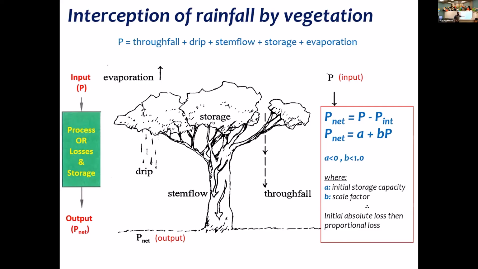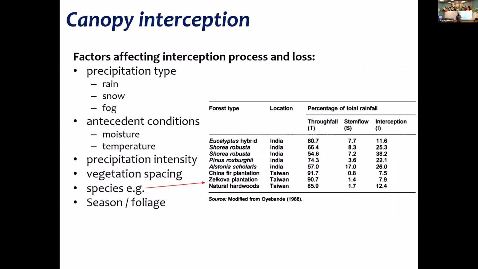So all this table illustrates here is that we've got very different values for throughfall, stemflow, and interception associated with different species. Honestly, don't worry about the species, don't worry about the values, they're not important. The point is that all of these values or these losses or throughflows are going to vary with the structural dynamics of the canopy. So that's the point we're trying to get from that.